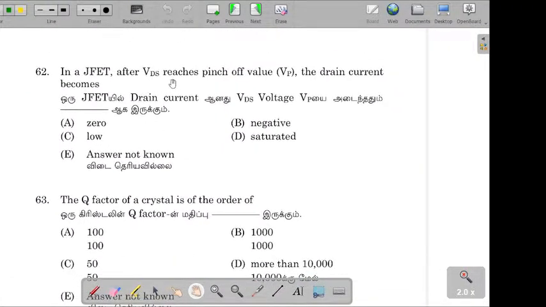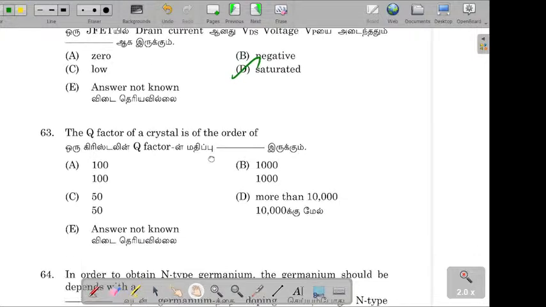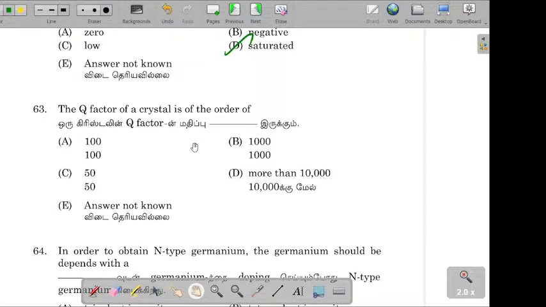In a JFET, after VDS reaches pinch off value, the drain current becomes saturated. The Q factor of a crystal is of the order of more than 10,000.